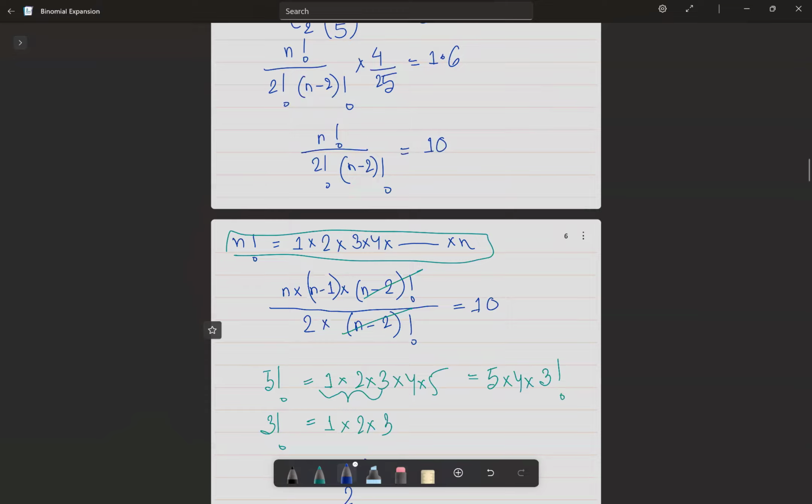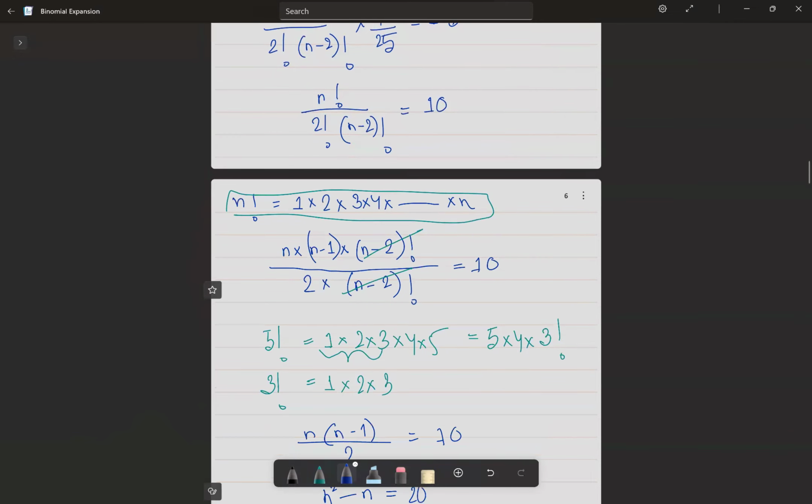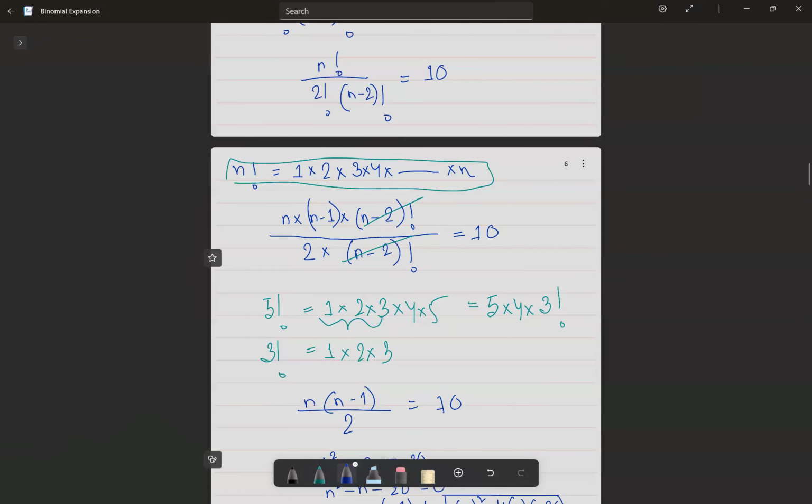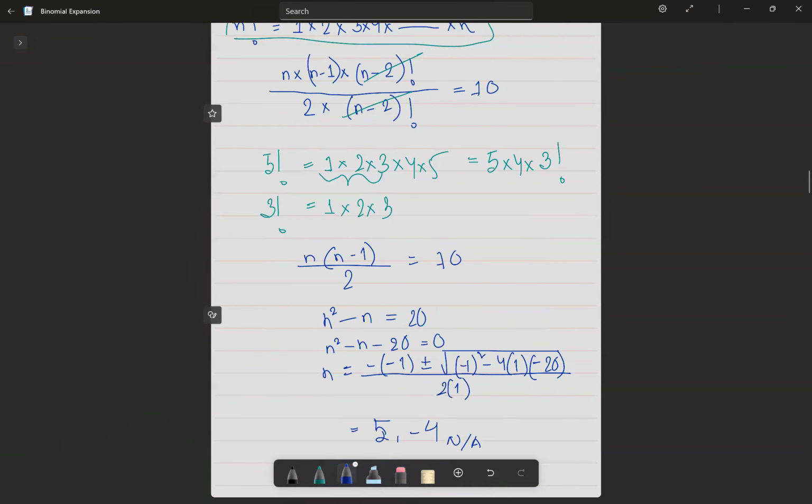Now we can cancel out n minus 2 factorial and n minus 2 factorial. The reason for that is because these two are going to give me the exact same value. So I cancelled these two out. And then I'm left with n minus 1, 2, and this 10. So now I can multiply this and solve it like how I have been solving all of the other equations.